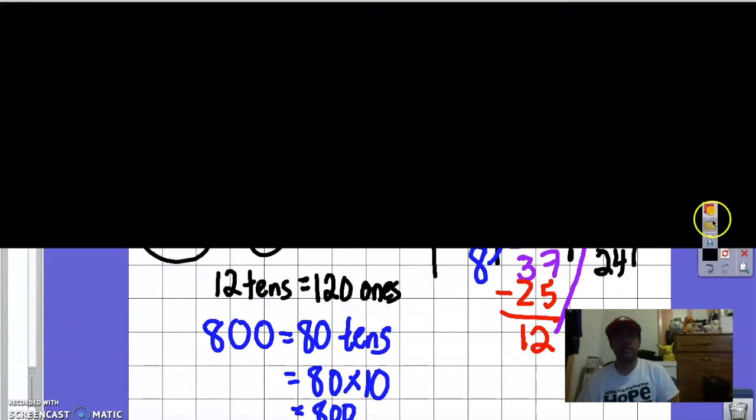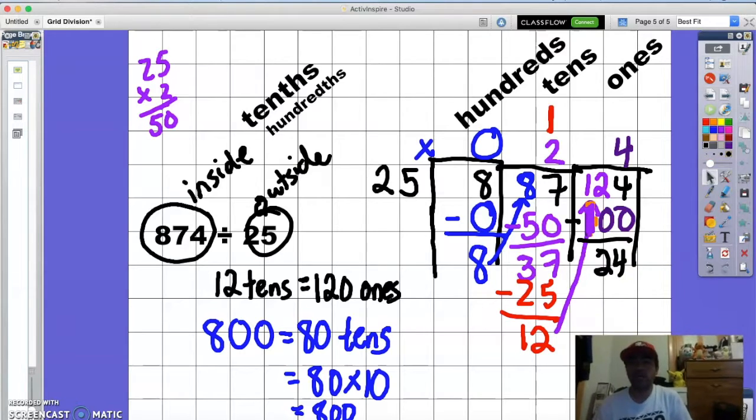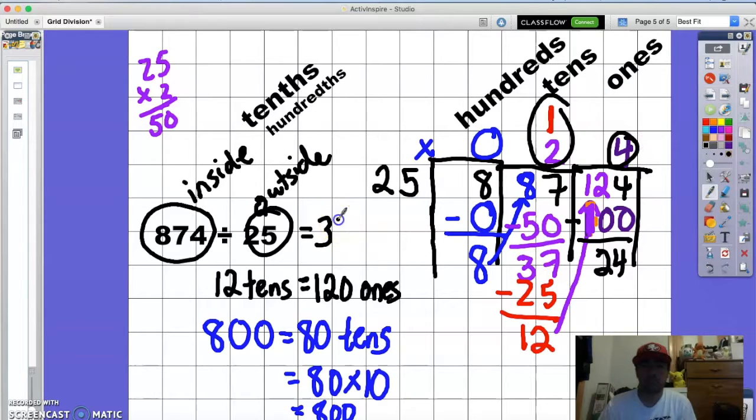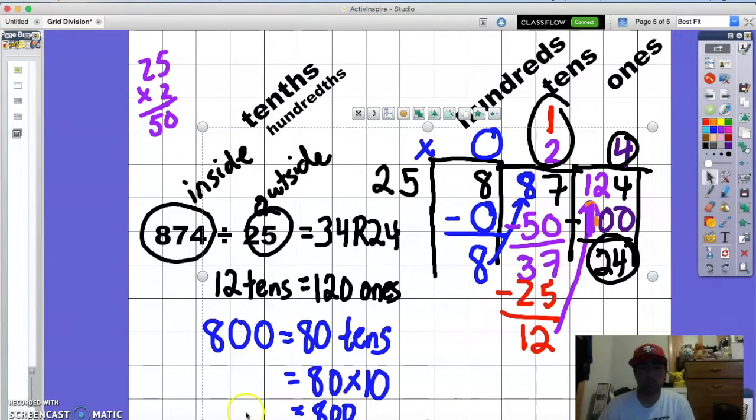And now again, depending on what kind of answer we want, we can say that the final answer to this question is 0 hundreds, 3 tens, and 4 ones, so 34. And we could say that the remainder is 24. So this is one answer, 34 remainder 24.